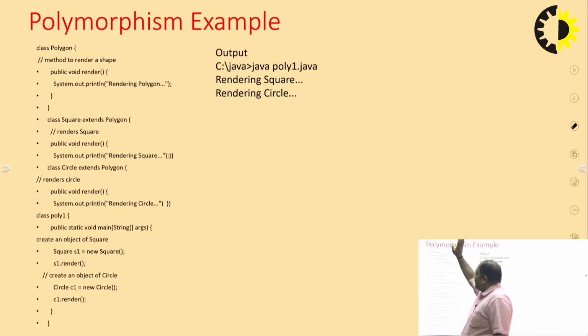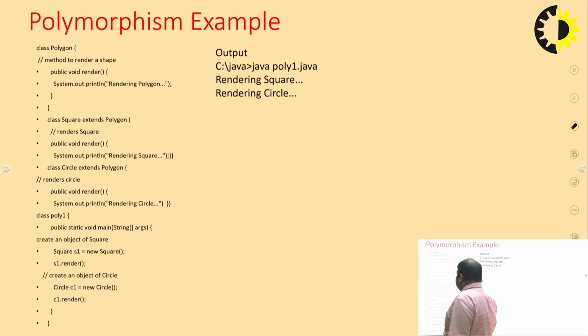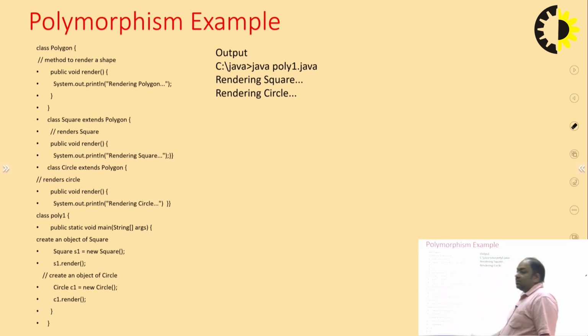We can give any name as per the requirement of the program. It's just an example. And we create a method render. In render, we are rendering polygon. This polygon extends the square class, and in that square class we are rendering square. Again, that polygon class extends into class circle, and this class circle renders circle.